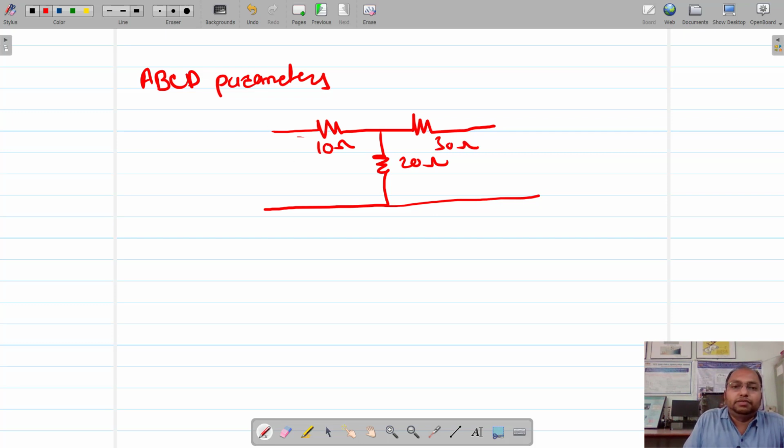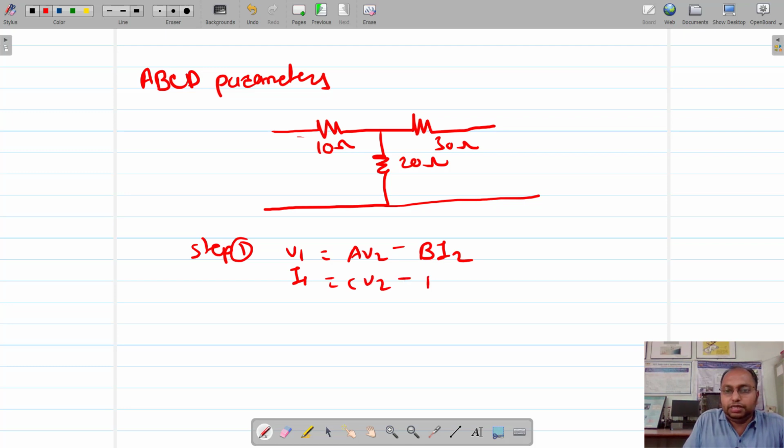Step number 1, write the equations: V1 and I1 on the left-hand side, V1 = AV2 - BI2 and I1 = CV2 - DI2. Now step number 2. First we need to set I2 equal to 0, so simply we need to disconnect this 30 ohm resistor.